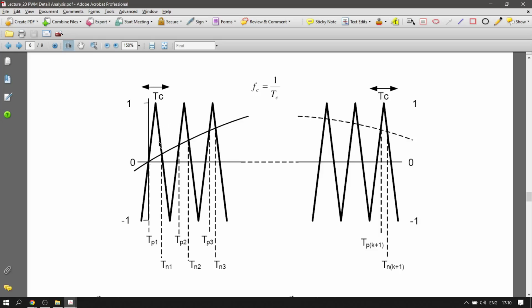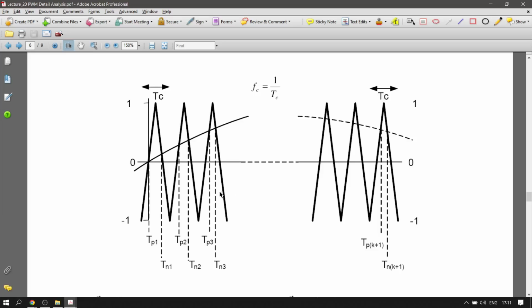So normally it start with a 0 levels here. Selalunya akan start at 0 levels lah. Dia tak macam unipolar tadi, ada M shape, V shape, M shape and W shape. Dia memang akan start dengan 0. 0 triangular carrier signal, positive negative value.